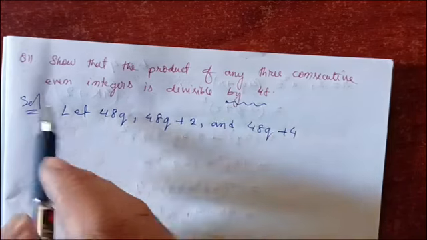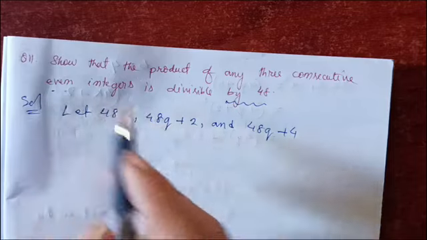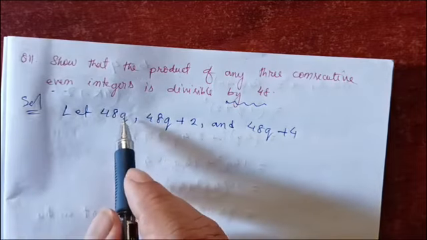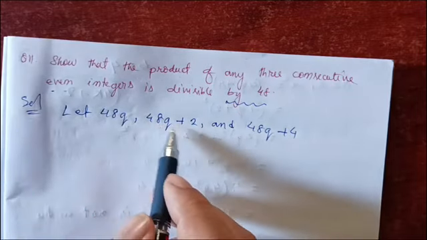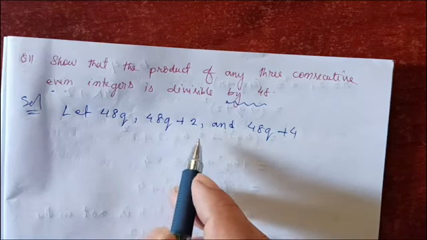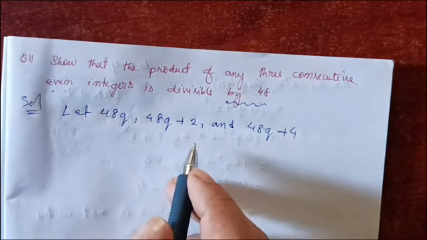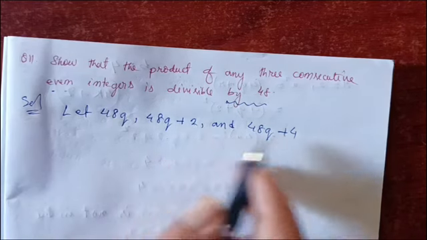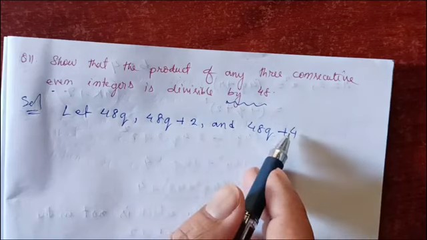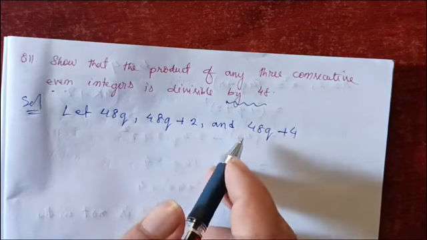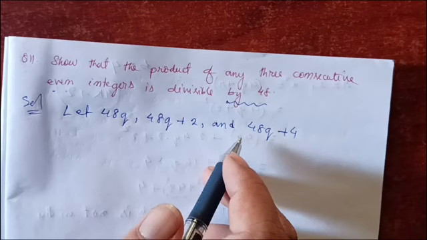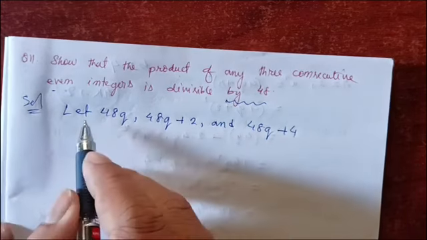Why? Because the question says even. So we are taking the even numbers only. 2 is an even number, 4 is an even number, 1 is not an even number, and 3 is not an even number.